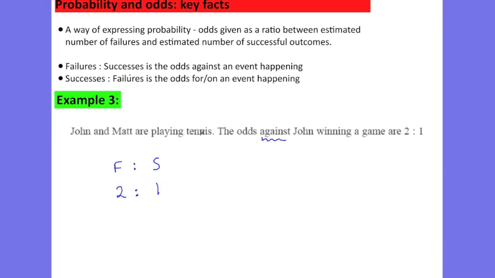So this ratio is not about Matt and John, in the same way that our ratios that we know from GCSE maths are, this is the ratio against John, focusing on John, of winning. So the failure, 2, successes, 1. So when asked what is the probability that John will win the next game, successes, 1 out of 3, the total. So this is equal to the probability of John winning.